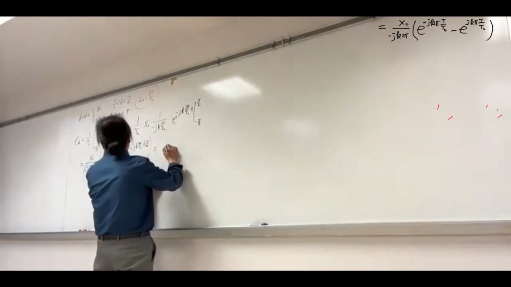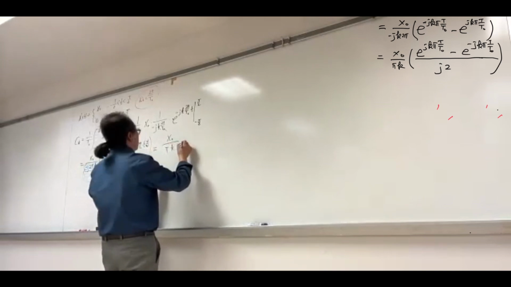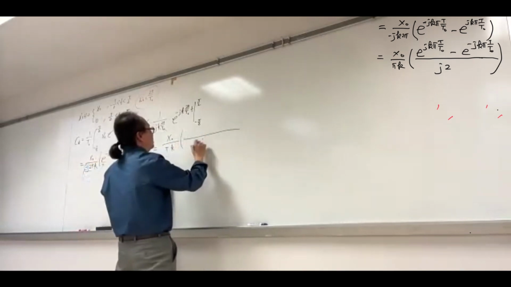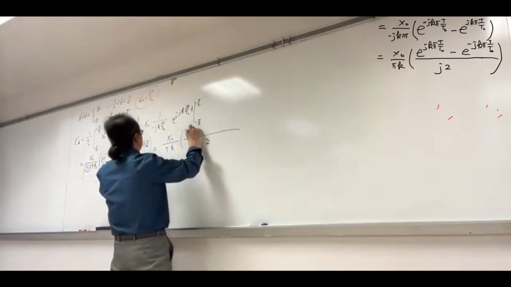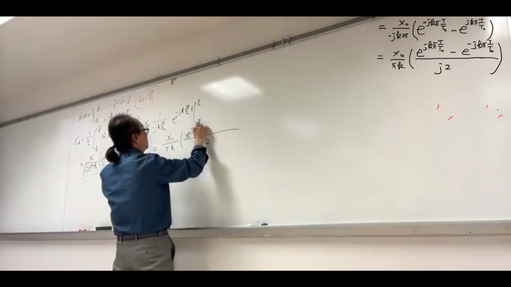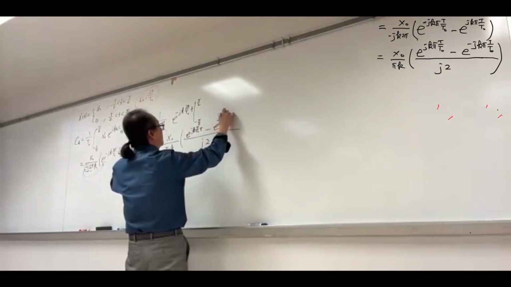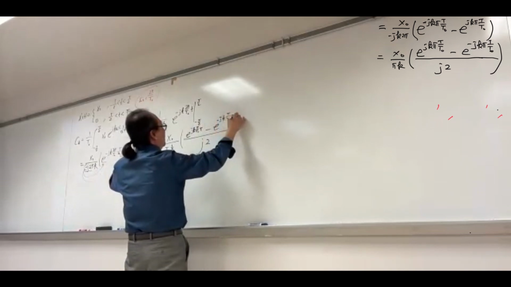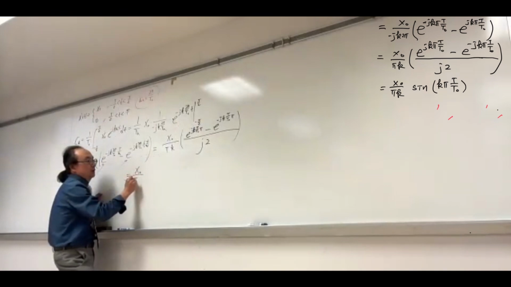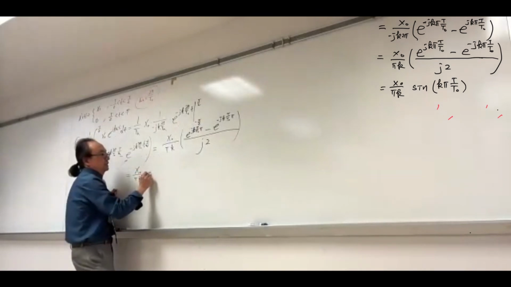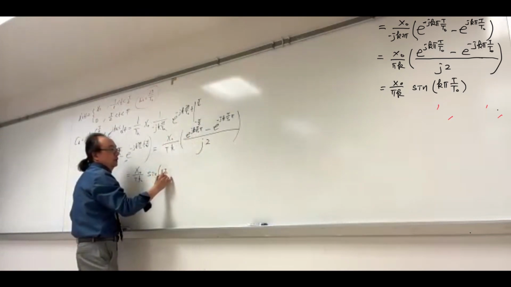Then we have x naught over pi k, and then we have j2, this one first, e to the jk t over T naught pi minus e to the negative jk t over T naught pi. Then this is sine. We have x naught over pi k, and we have a sine. Other than j, we have k t over T naught pi.